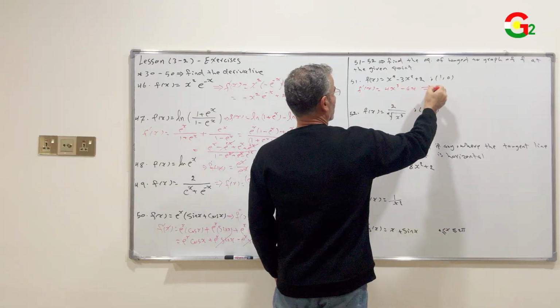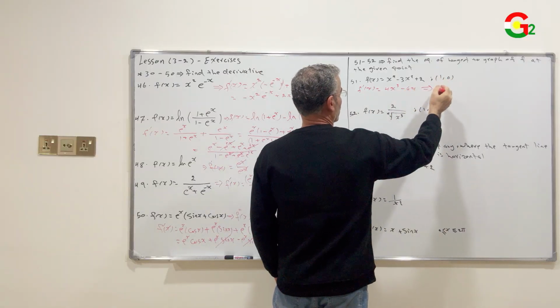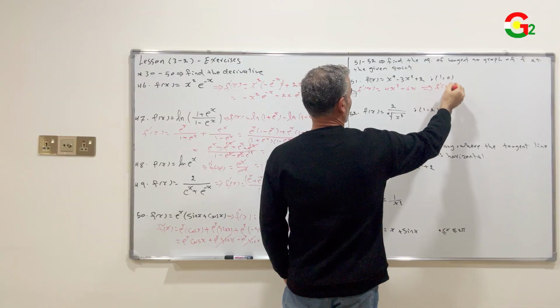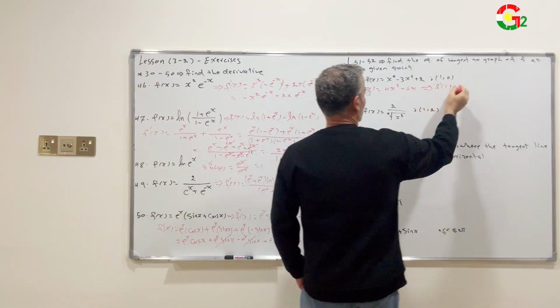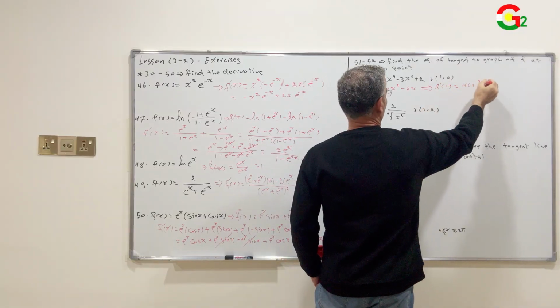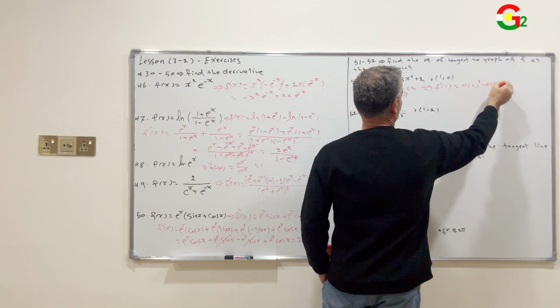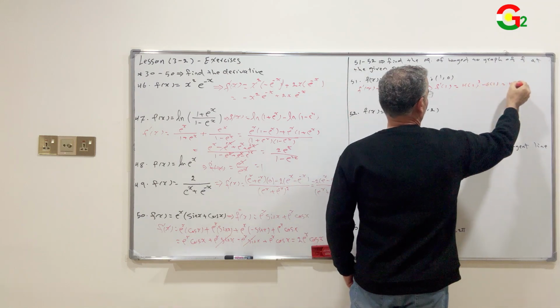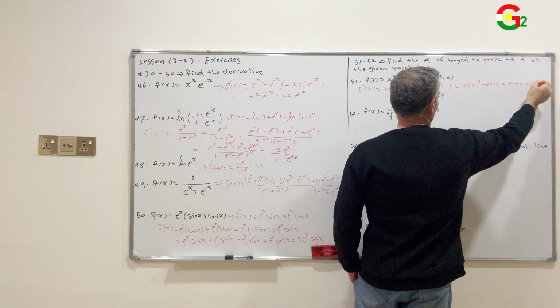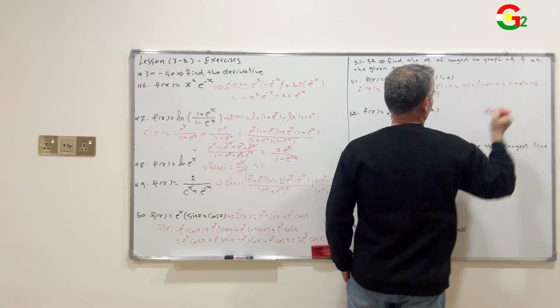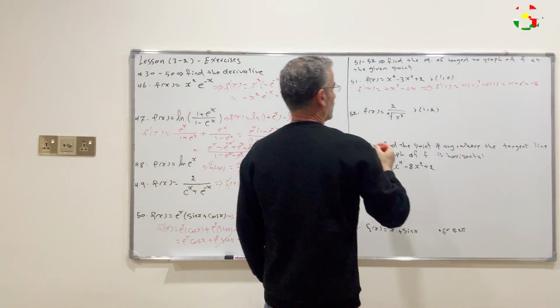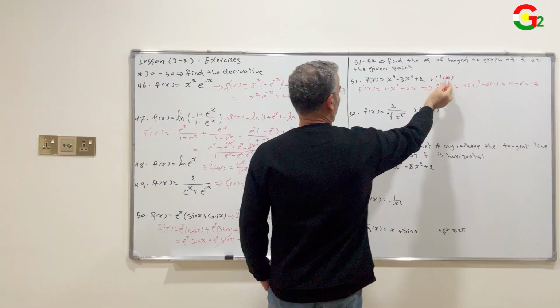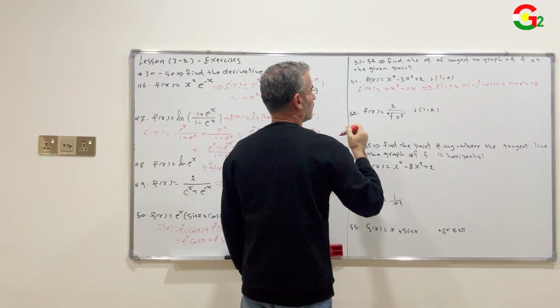At the point of tangency 1, 0, f prime of 1 equal to 4 times 1 cubed minus 6 times 1 equal to 4 minus 6 equal to negative 2. The slope is negative 2 and the point is 1, 0.